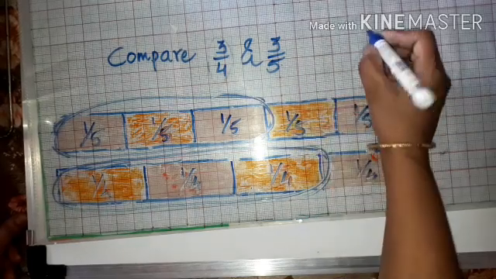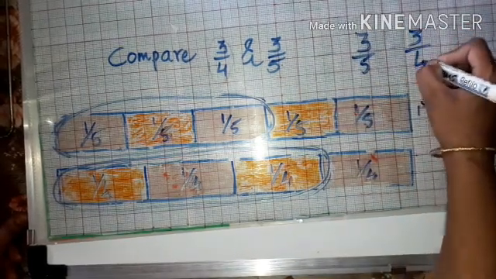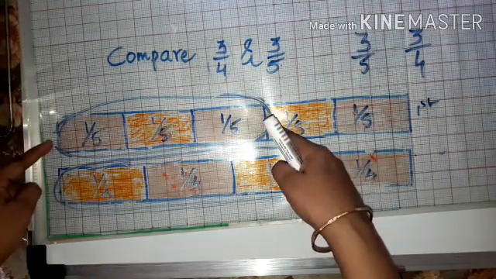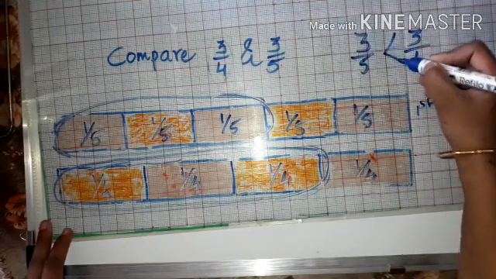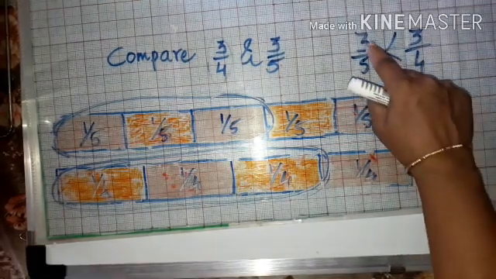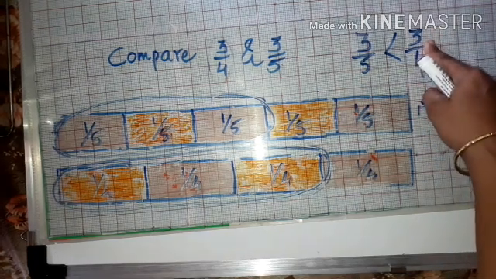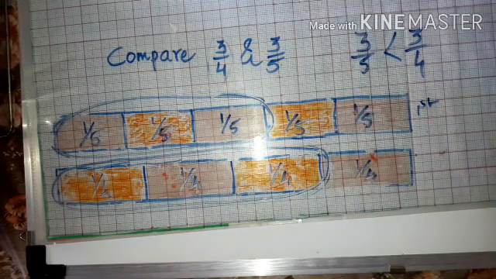So which is greater, 3 by 5 or 3 by 4? You can observe that this part is greater, that is 3 by 4 is greater. Whenever the numerators are equal, smaller the denominator is greater the fraction.